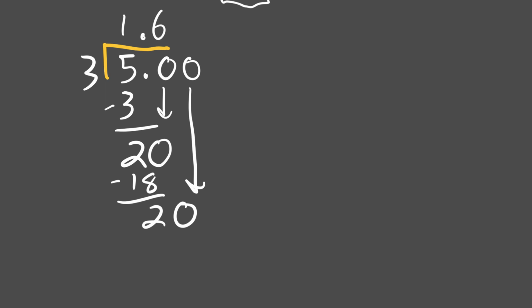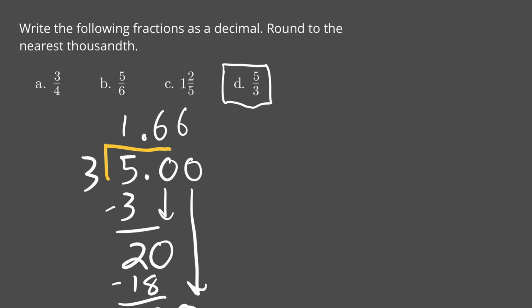And you'll notice a repeating pattern. 3 times 6 gives us 18. Subtracting gives us a 2. So our answer will be 1.666 repeating. Again, we have to round to that third decimal place.